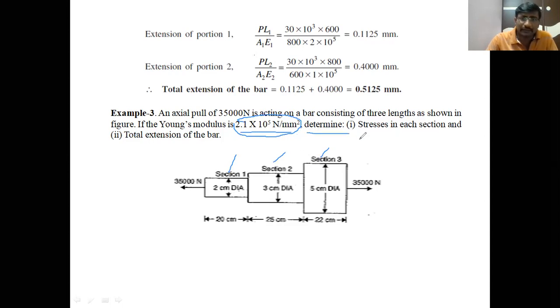Here we have to determine the stress in each section and the total extension of the bar. That is, what is the stress induced in section 1, section 2 and section 3, and what is the total elongation upon application of 35,000 newtons tensile. Clear?